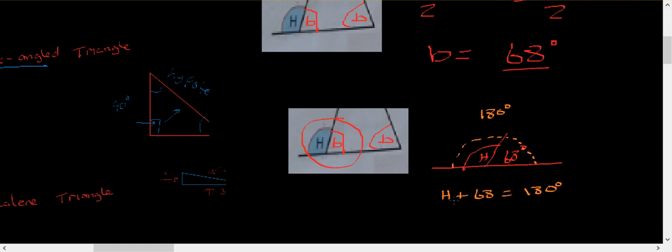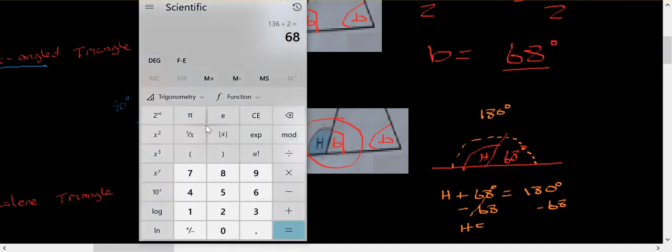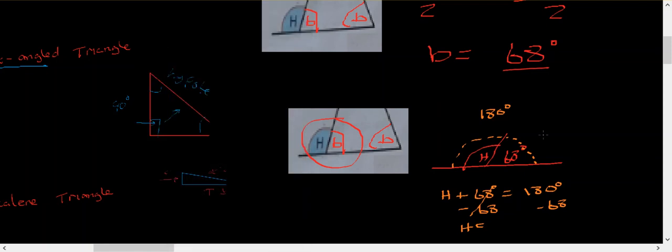So now we can actually work out what H is. Again, we want to get rid of the 68 from here, so we have to minus 68. If I minus 68 from this side, I have to minus 68 from this side. These will cancel out, and H is going to be equal to 180 minus 68, which is equal to 122 degrees.